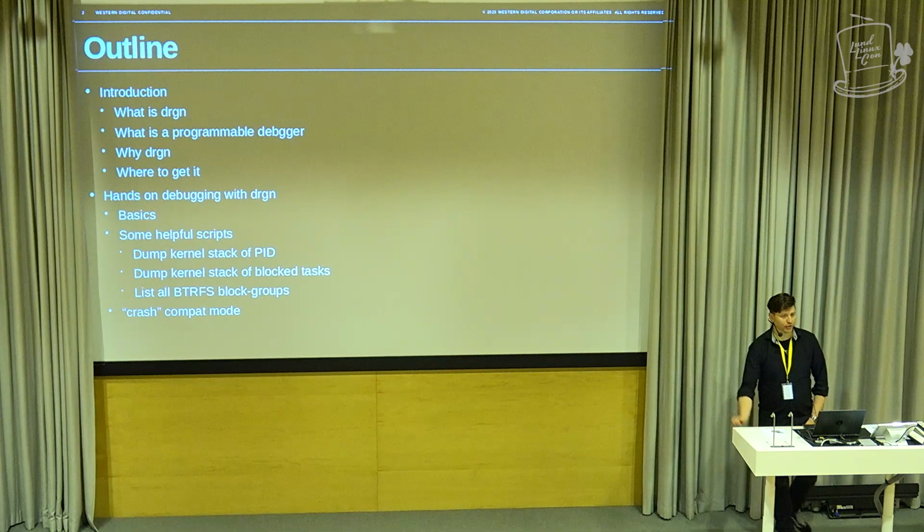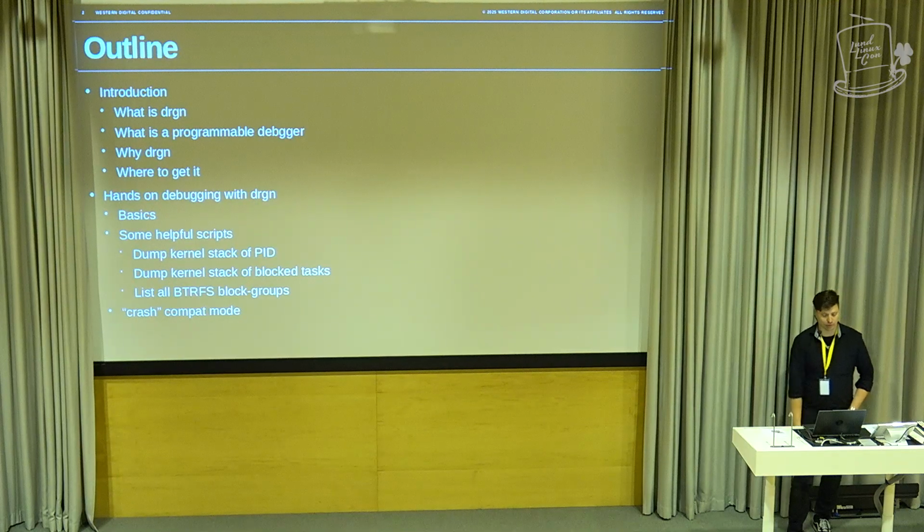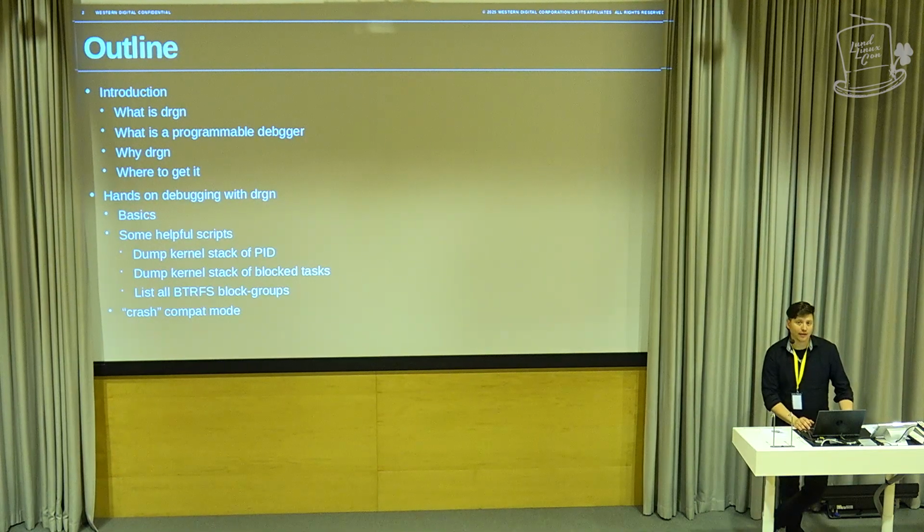Then some words about the rather newish crash compat mode for the people who have been working with crash before, and a small, nice demo I just finished some minutes ago of dumping the dm-crypt keys out of RAM on a running kernel.